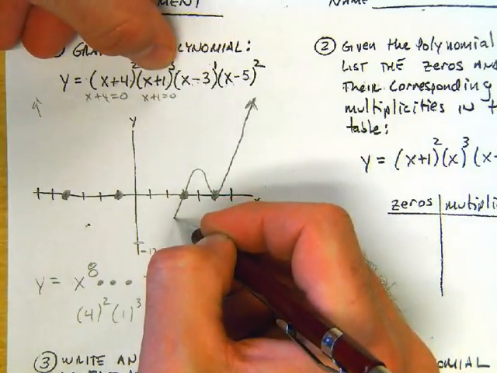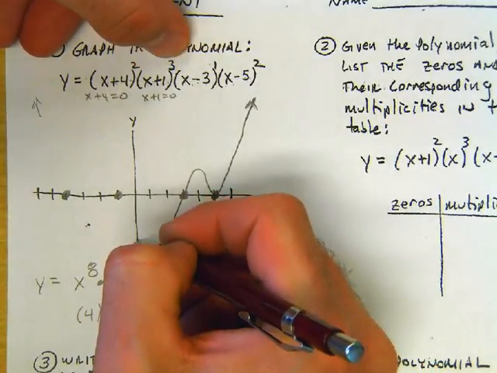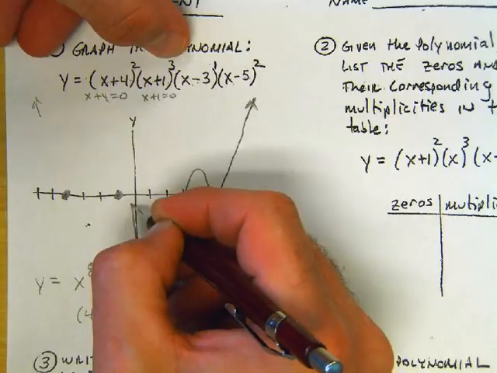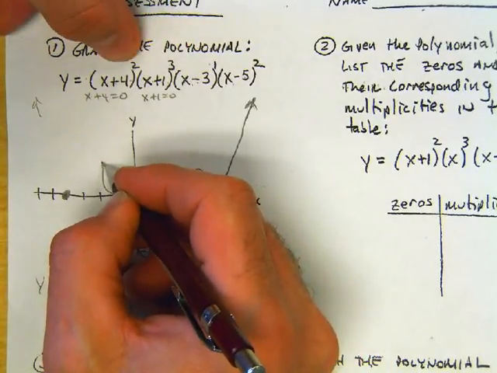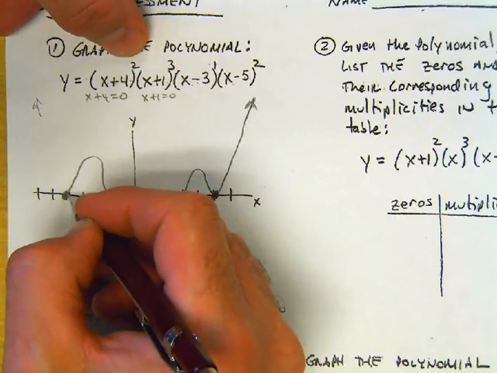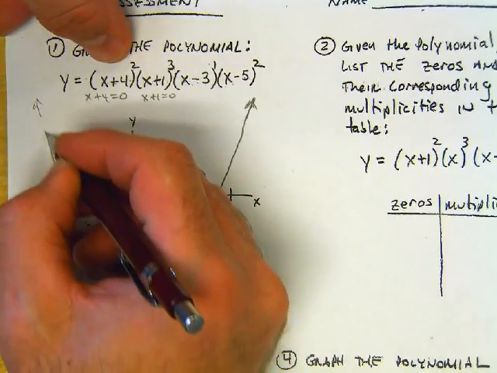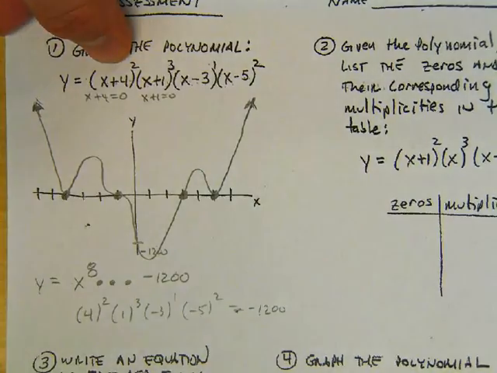And then the root at negative 1 has a multiplicity of 3, so it's going to do a change in curvature. And then the root at negative 4 has a multiplicity 2, and so it's going to touch and bounce. And so the graph should look something like that.